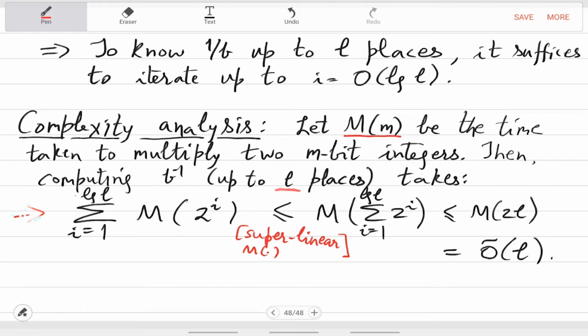So the sum of M of this is at most M of sigma, which is at most M of 2L, and you can use any integer multiplication algorithm. All of them will give you O tilde L, so you have a soft-linear time algorithm to divide.